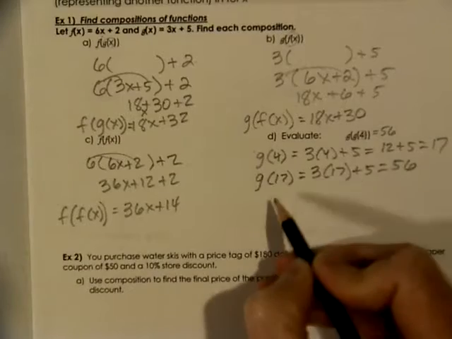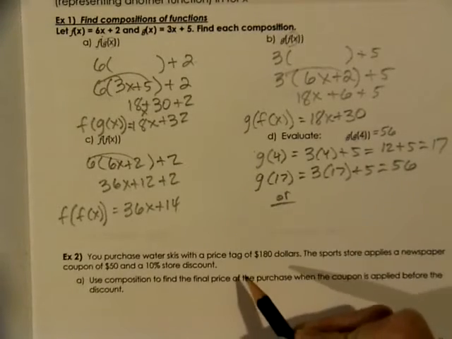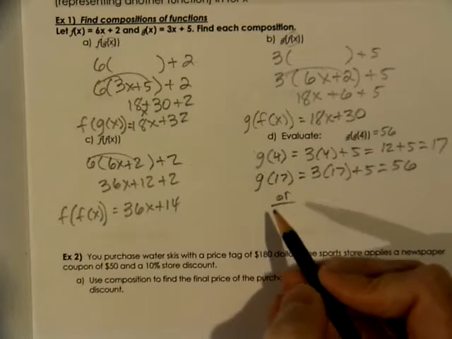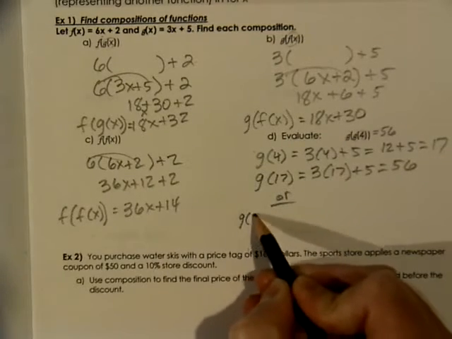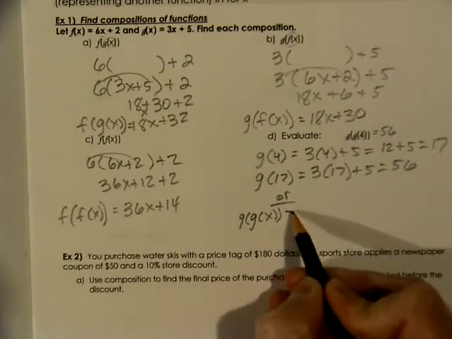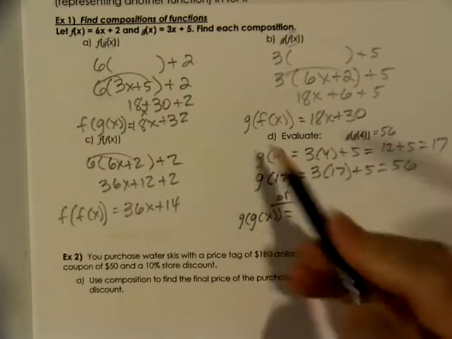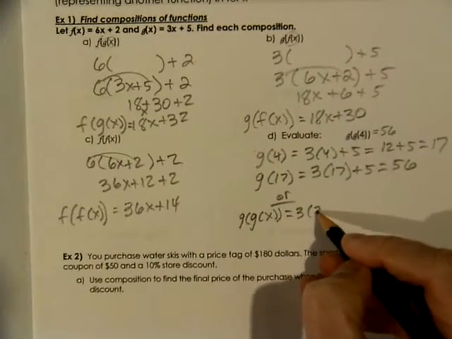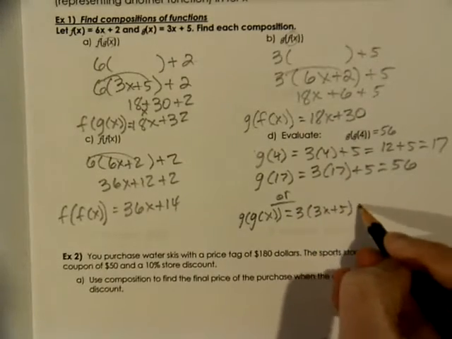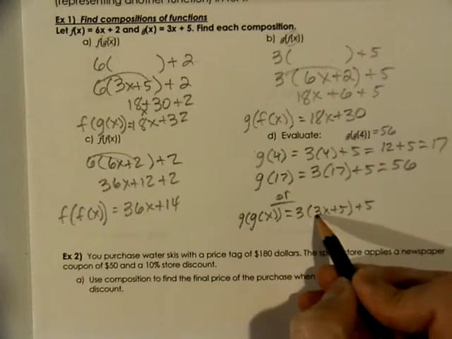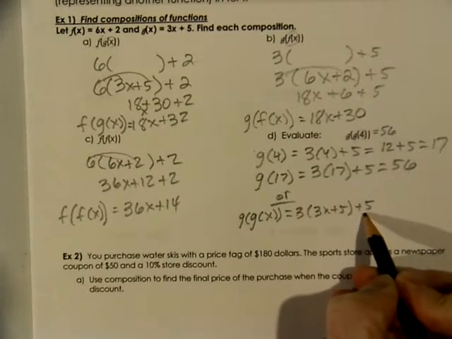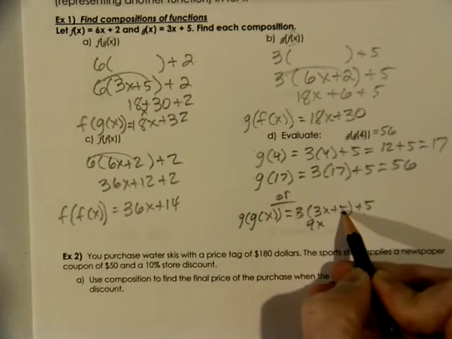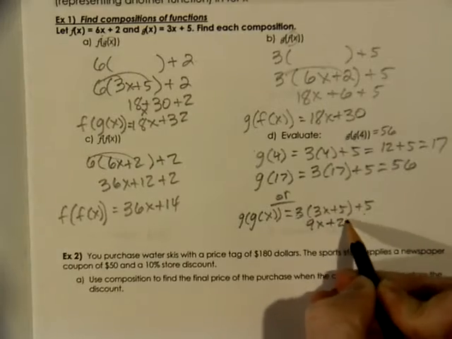Well, the other way to do it, sometimes it seems a little bit bigger. If you've already done the calculation, it really helps to do the g of g of x first. So g of g of x is taking your 3 times 3x plus 5, plug in your g function inside your g function, and that's going to give you 9x plus 15 plus 5.